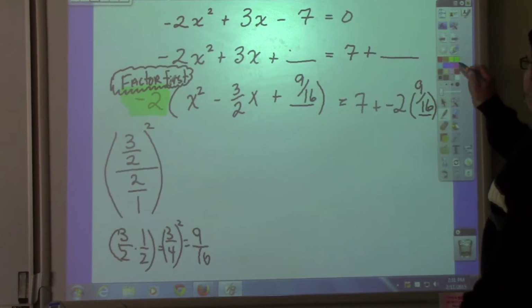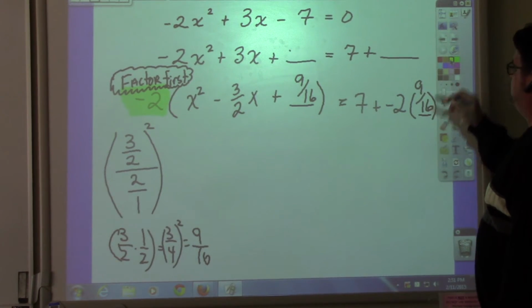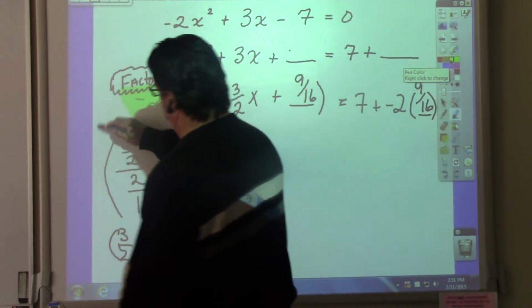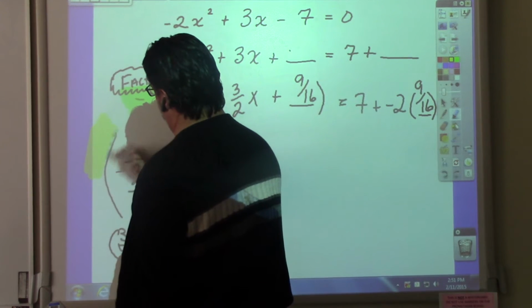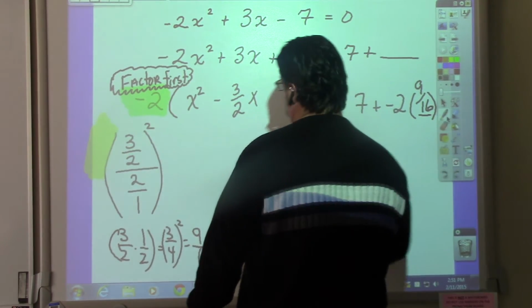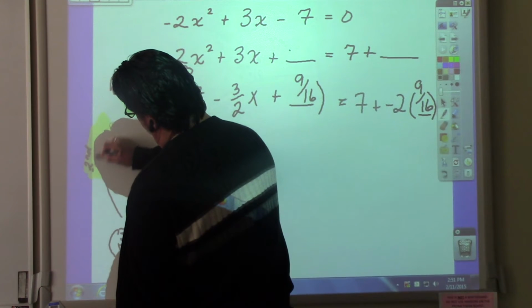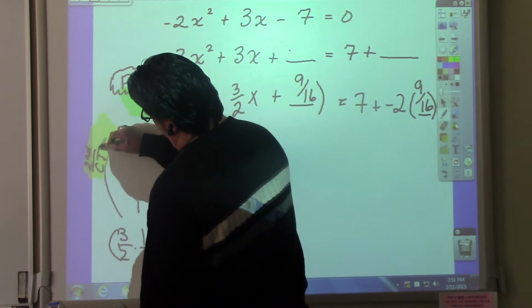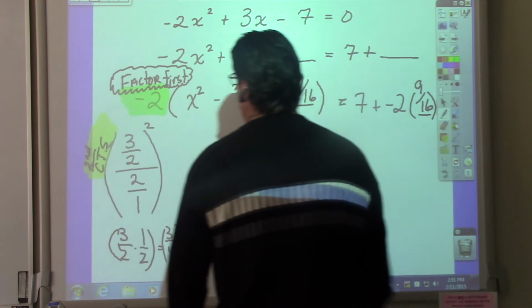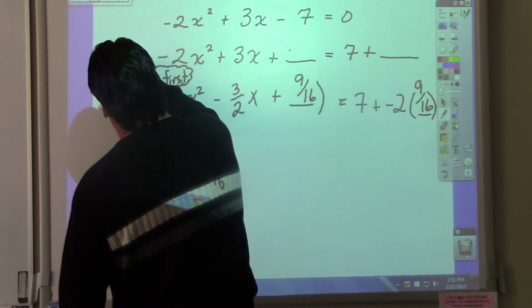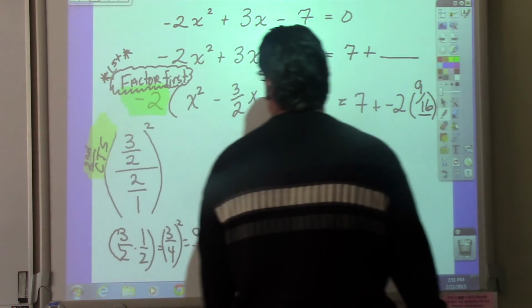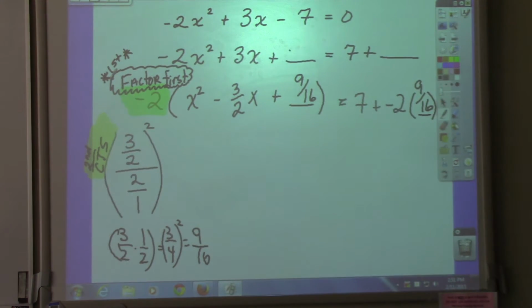And then, well, the left-hand side is shortcut number 2.